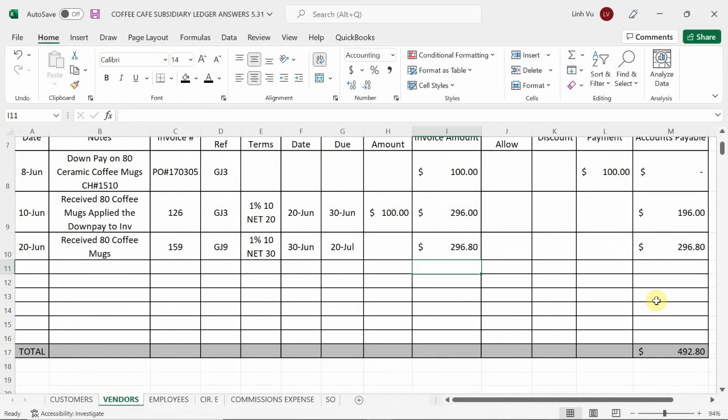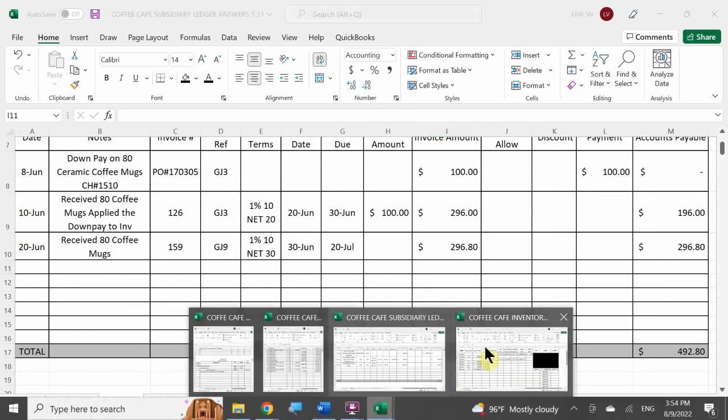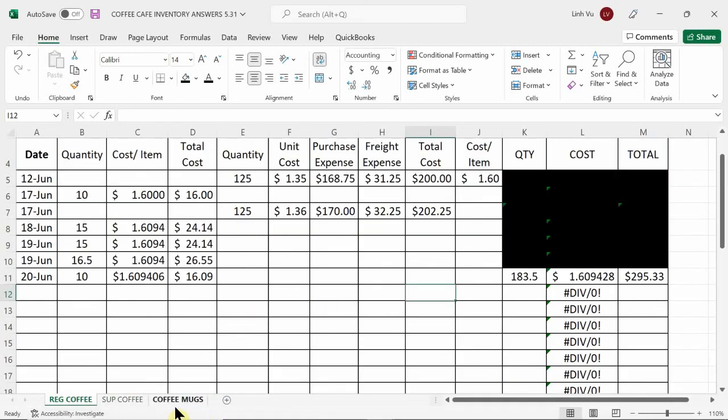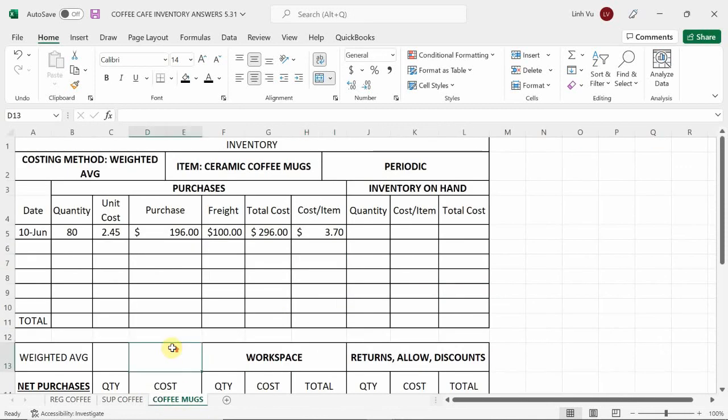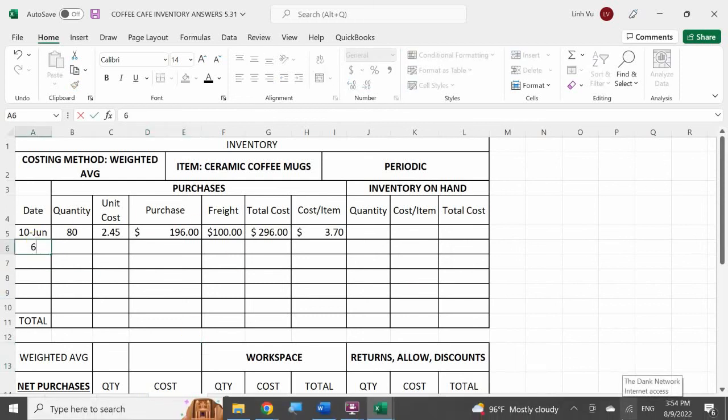And then in the inventory, you need to add the 80 mugs to the inventory. Yes, in this case, ceramic coffee mugs, we only insert things that we purchased in here. We don't calculate the cost of goods sold until later. So this is definitely something we need to put into our inventory.